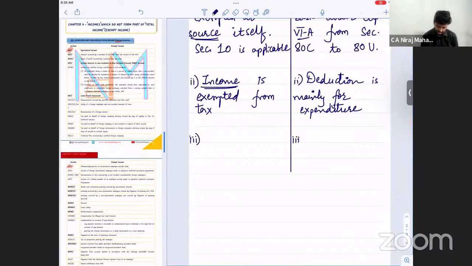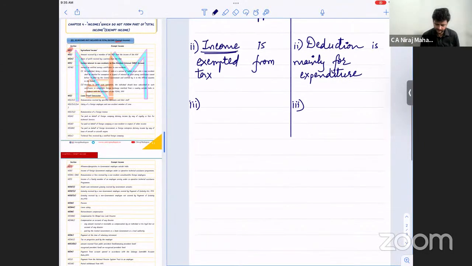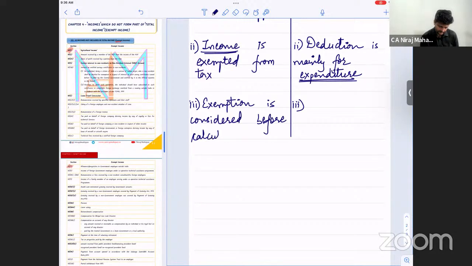Third, we go ahead. And thirdly, exemption is considered before calculation of GTI. GTI, remember?